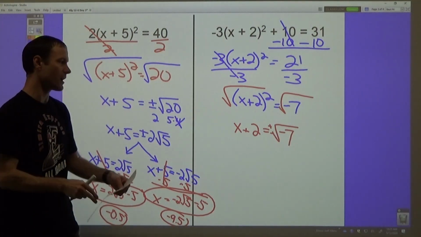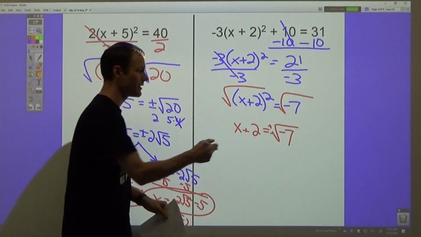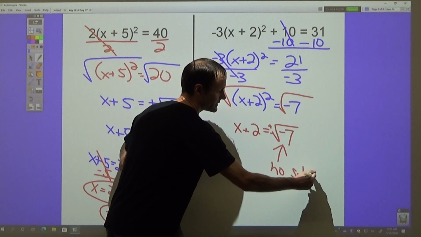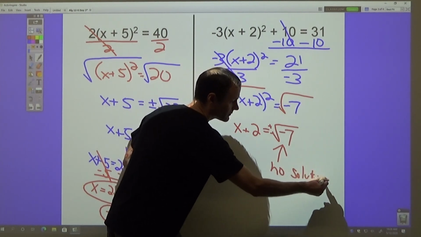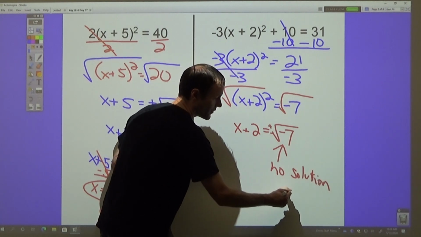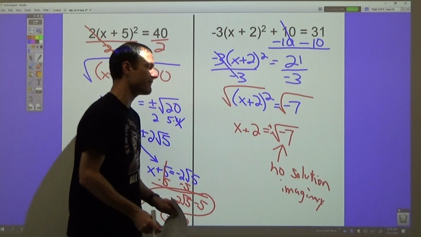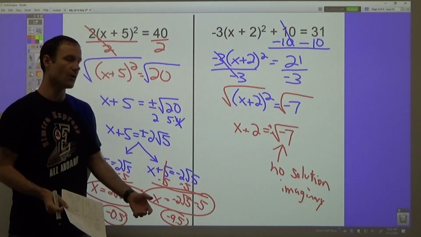The light bulb should be going off in your head right now. Uh-oh, negative number inside the square root. Because we have that negative number inside the square root, this is no solution. Or you could put that it is imaginary. Remember, anytime that you have a negative sign inside the square root, it's no solution or imaginary.